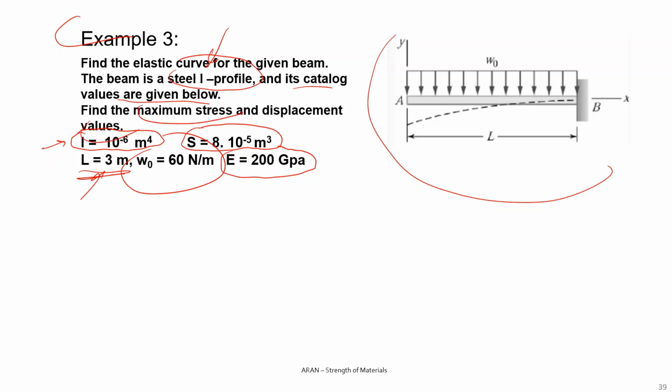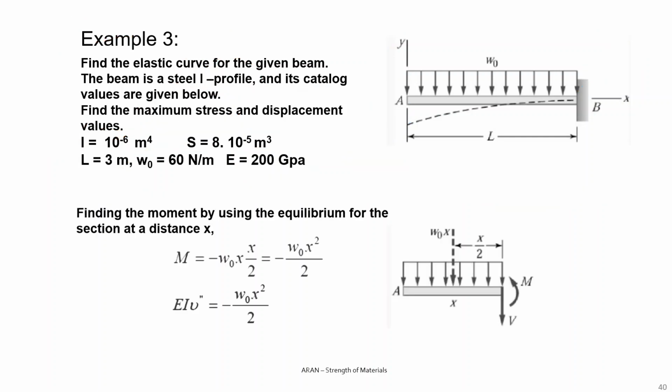If you look at the beam, you find out that the maximum stress is here, it's very clear, and the maximum deflection is here. The first thing we have to do is find the moment by using equilibrium. For a distance of x, I cut here, take the left side.